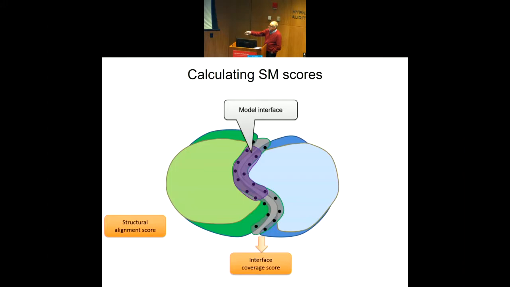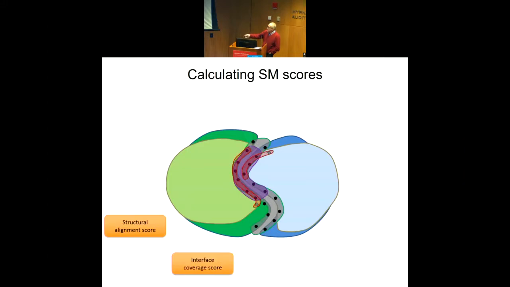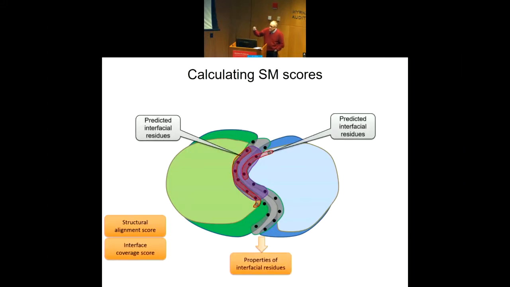We ask, how many common amino acids in the sequence are there in the interface? And we ask if the amino acids in the interface are amino acids that statistically are likely to be in interfaces. Certain amino acids, such as tryptophan, are very often in interfaces. Lysines are not.